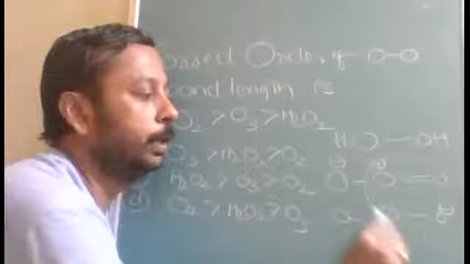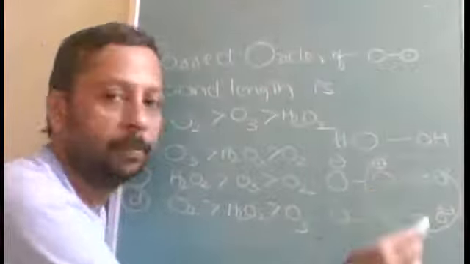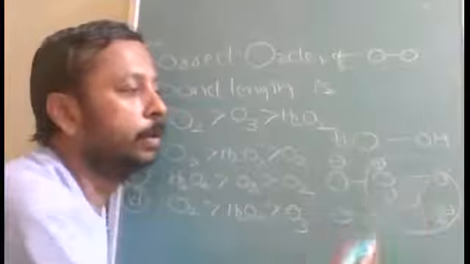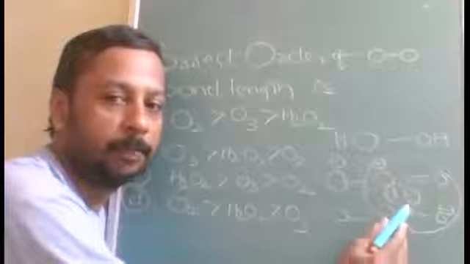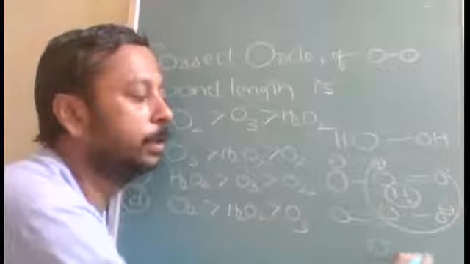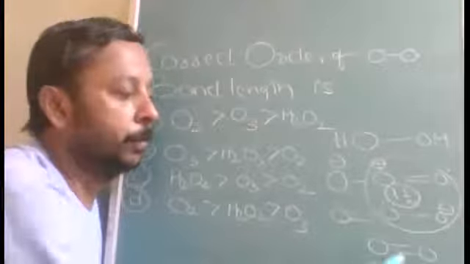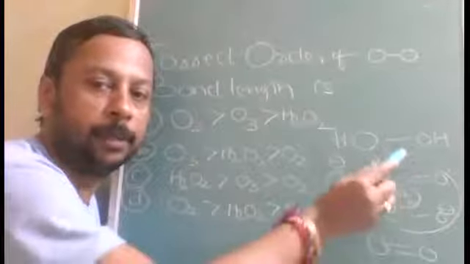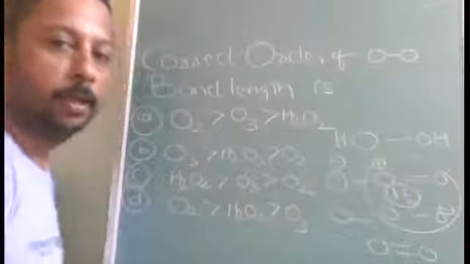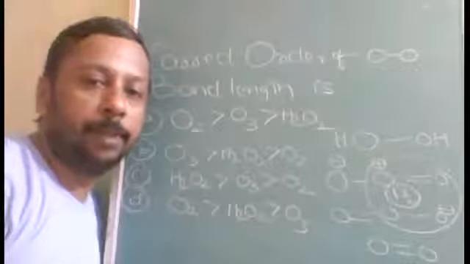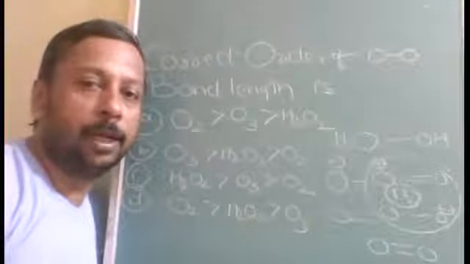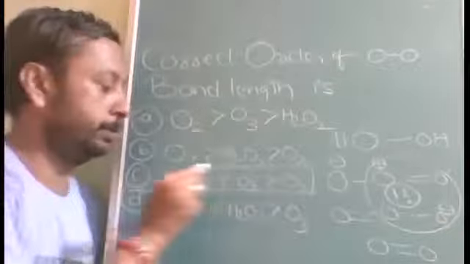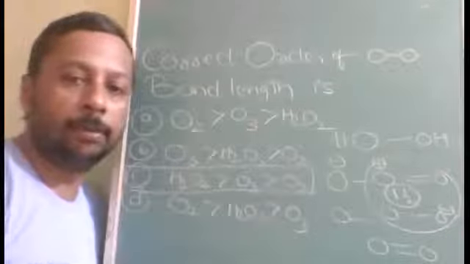So if I take here, I can take it as a double bond and a single bond. So the average will be 1.5 bond. So in H2O2 it is a single bond, in ozone it is 1.5 bond, in oxygen it is always a double bond. Multiplicity in oxygen is 2. Multiplicity in ozone is 1.5. Multiplicity in H2O2 is 1. So the larger the multiplicity, the smaller the bond length. So the answer to this question will be this one. Is that clear to all of you?